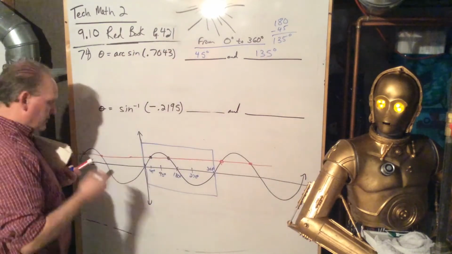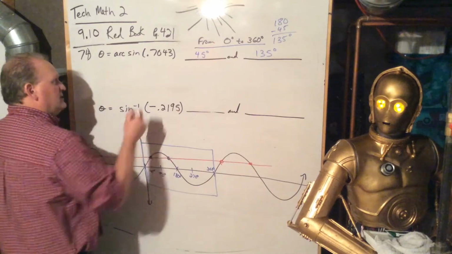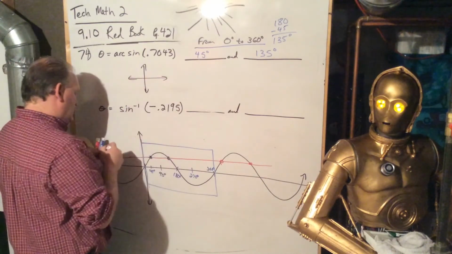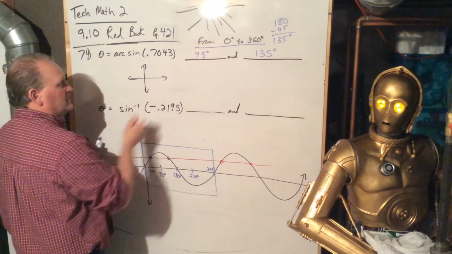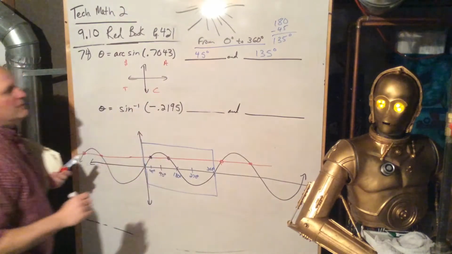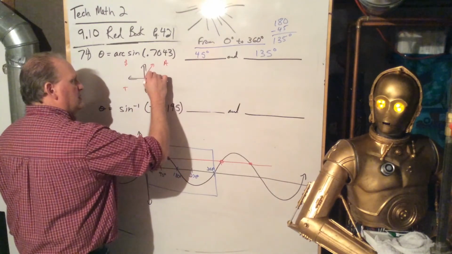Okay. Another way to look at that, some students hate looking at the sine graph like that, the sinusoid. You could do a unit circle and think of it as all-star trig class. Where we're looking at it and saying, okay, well, 45 degrees is right there.